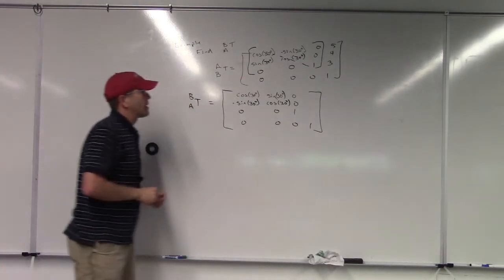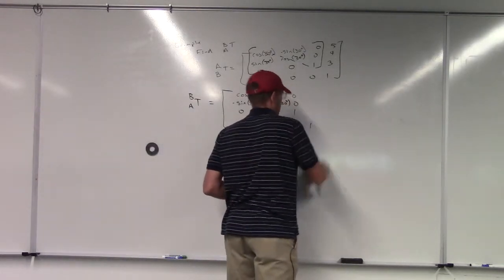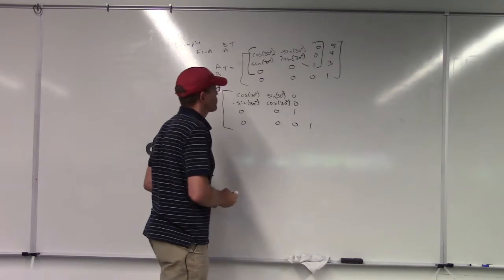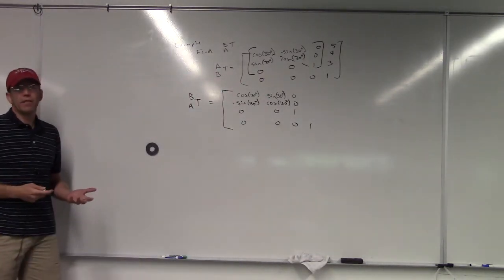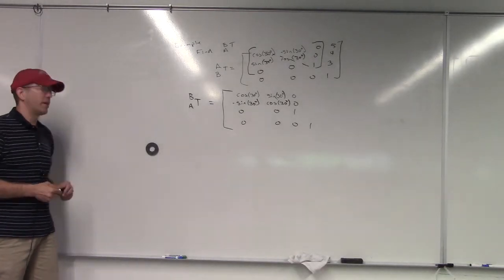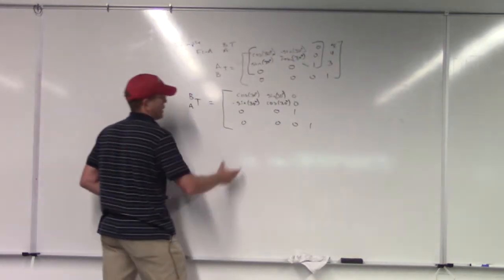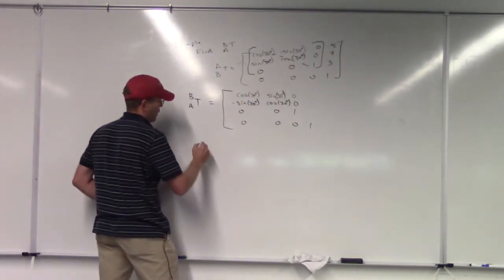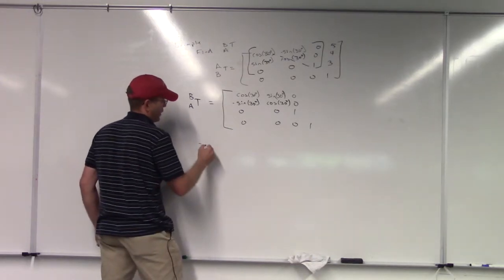How about the position vector? Well, that's where we're going to have to apply a little bit of matrix operations. In order to solve for the position vector, we're going to have to take minus the transpose of our original rotation matrix.